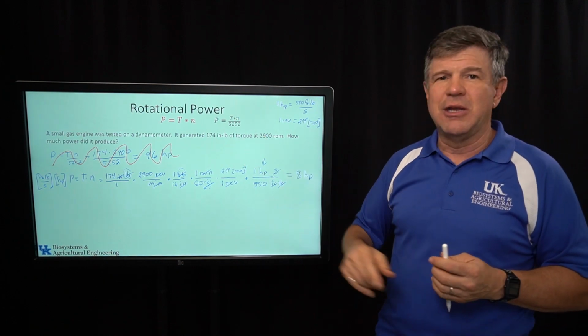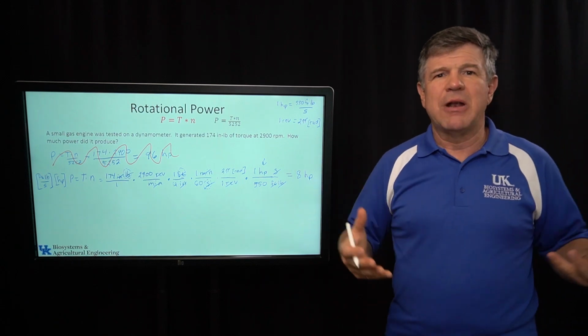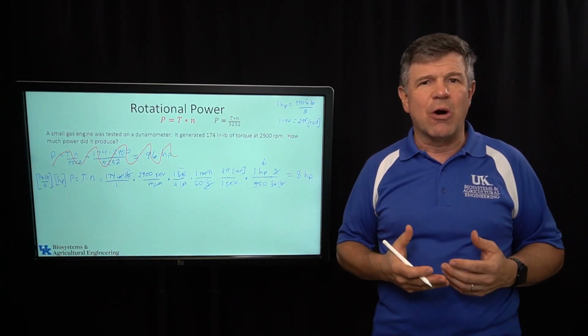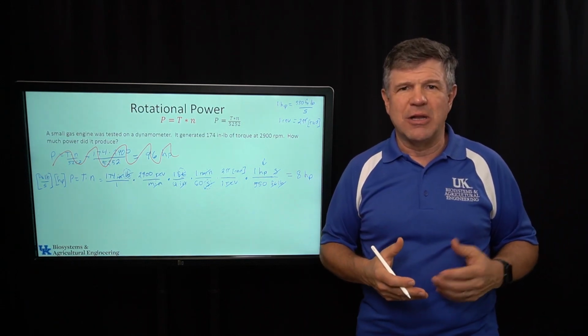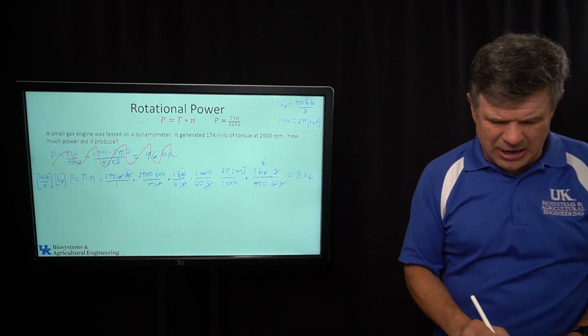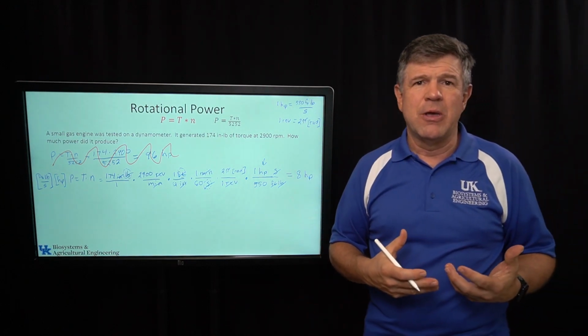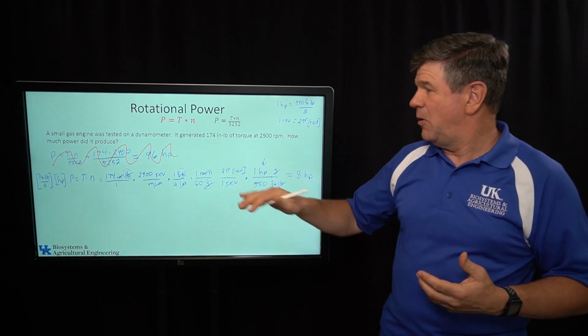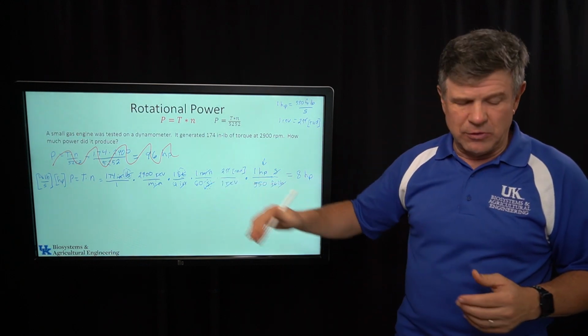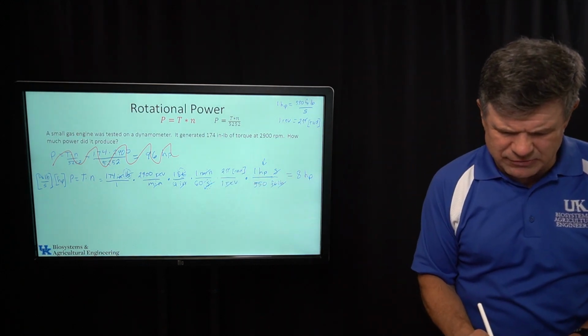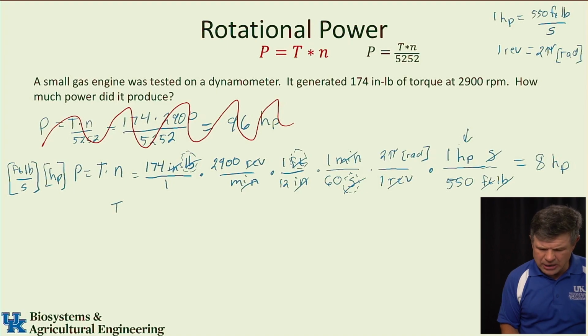So if I wanted to use this equation, I would have to convert that torque before I even started, and then it's more hassle and more headache. So I'll do that for you, but it's a whole lot better and foolproof to do it this way. So what would I have to do? I would have to say that my torque was 174 inch-pounds, and that's over 1.